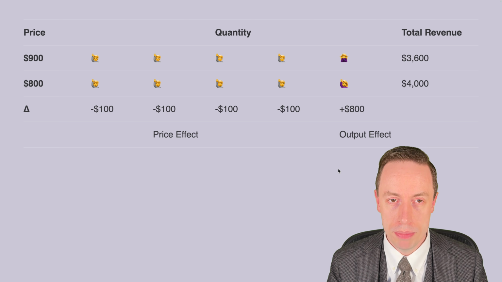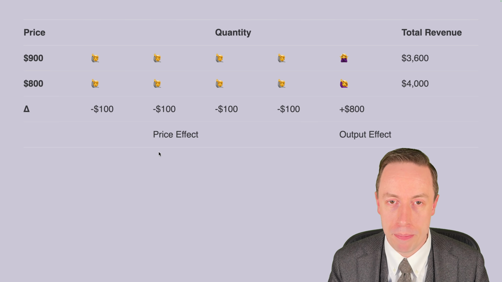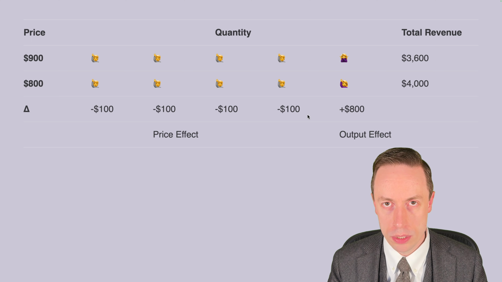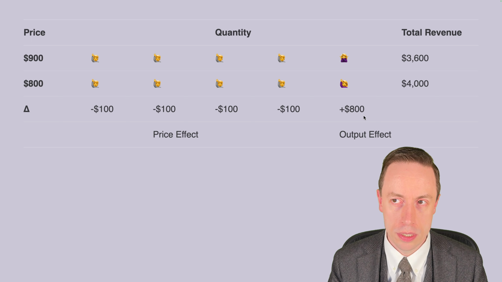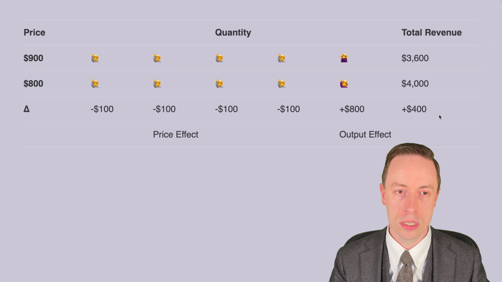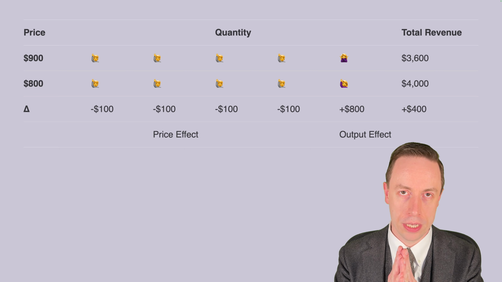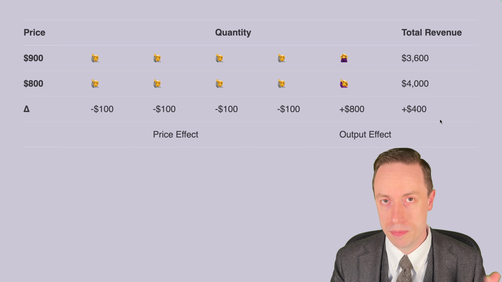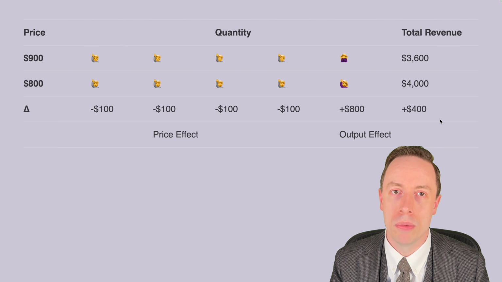And in perfect competition, you don't have an impact on price, so these numbers wouldn't appear. Now, we put this together, minus 100, 4 times, plus 800. The net effect on our revenue is that it rises only $400 as the output and price effects are pushing against each other. This is the fundamental difference of how a monopoly's revenue behaves.